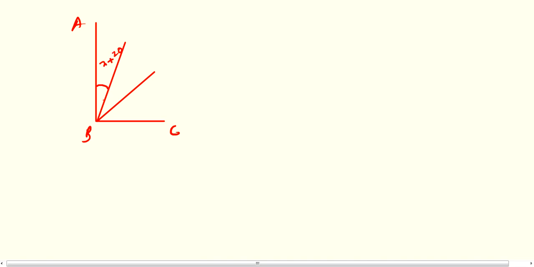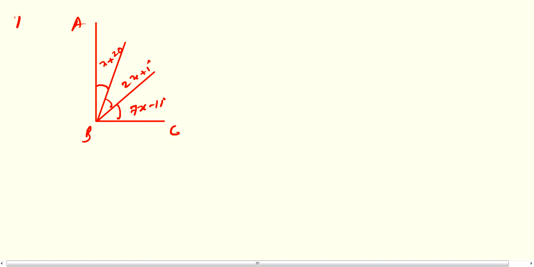Then question number 9. Question number 9, angle ABC you are having in the diagram, and it is given that AB is perpendicular to BC at B. So this B total will be 90 degrees, and you are having x plus 20, this one is 2x plus 1 degree, and this one is 7x minus 11 degree.